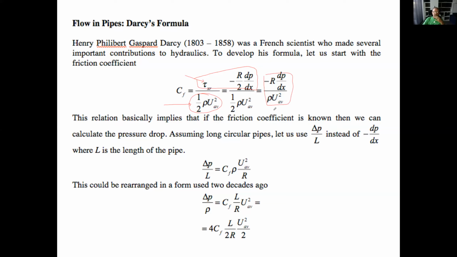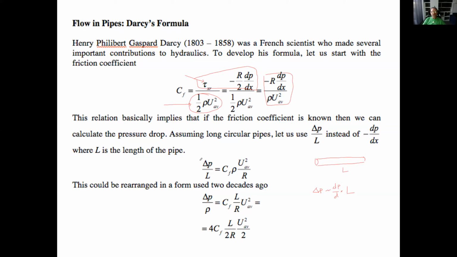So now I can look at a pipe of a fixed length. And I can claim that if the length is L, then delta P is simply dP/dx times L. And I don't have to worry about minus or plus.